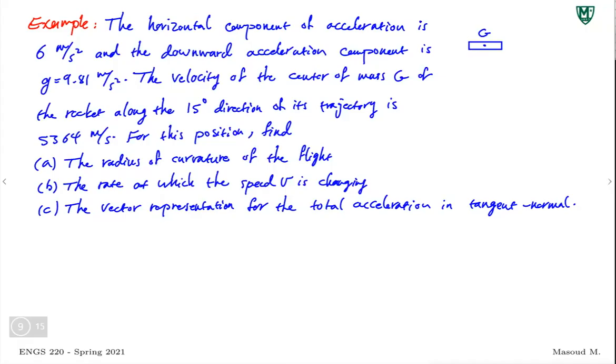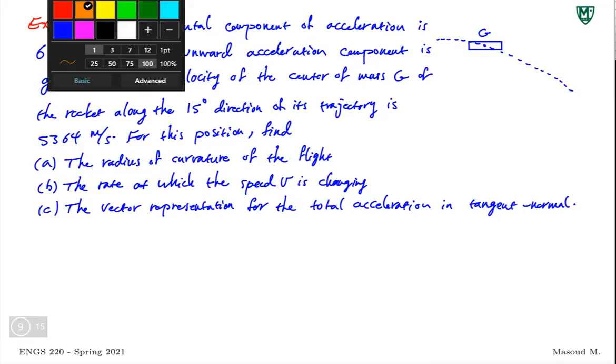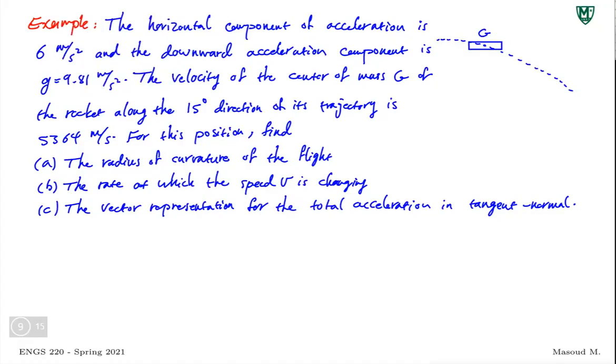So here's the situation. We have this, and then you can think about the path, let's say this is the path, and it has the velocity, acceleration in this direction, 6 meters per second squared, and the acceleration downward of g.